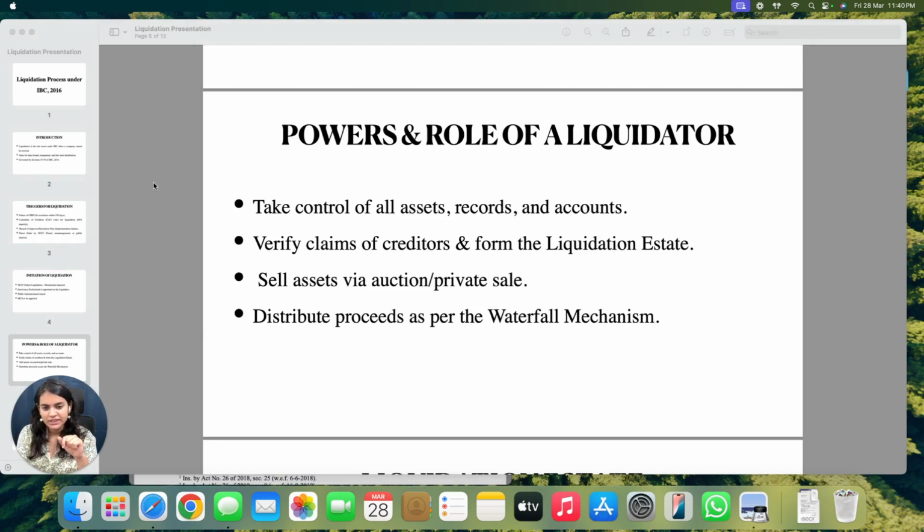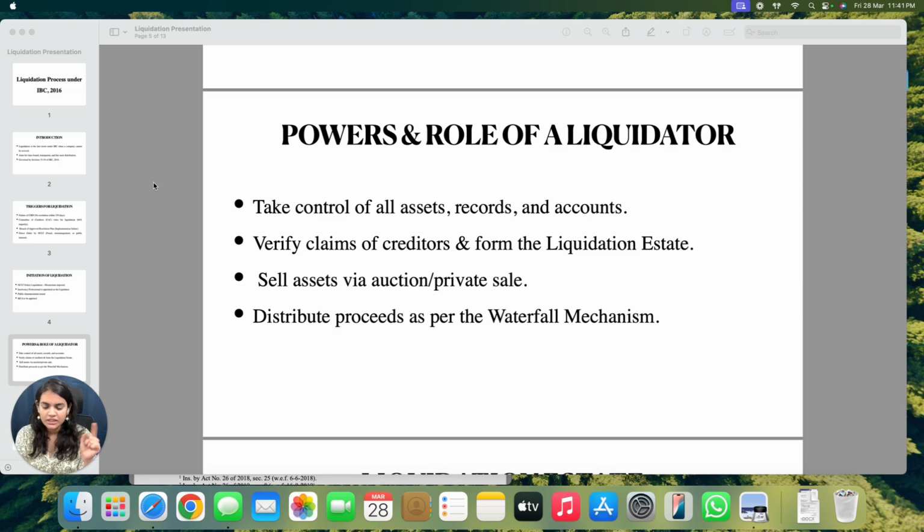Verification of claims of creditors and form the liquidation estate. So as I've told you, the forms of various stakeholders is provided by the IBBI. And such stakeholders may submit these forms within 30 days from the liquidation commencement date. Once these claims are submitted, the liquidator shall verify these claims, and for the verification, he may require proofs from the stakeholders as he deems fit.